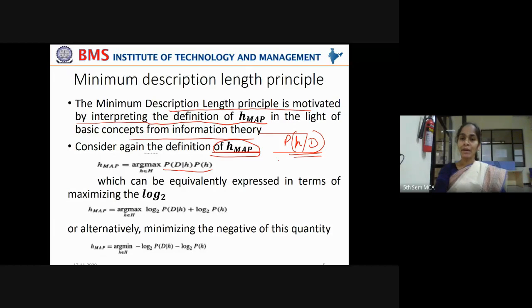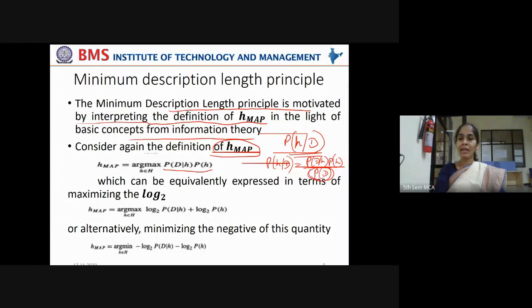You remember initially you have probability of H given D as probability of D given H multiplied by prior probability of H divided by prior probability of D. But prior probability of D doesn't have any effect, meaning it doesn't vary. The prior probability of D doesn't vary with respect to hypothesis, meaning it is a constant.